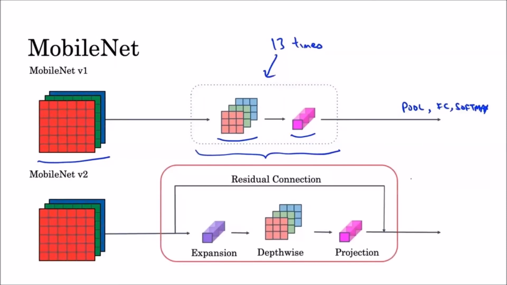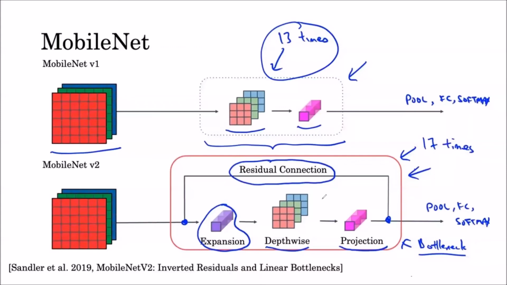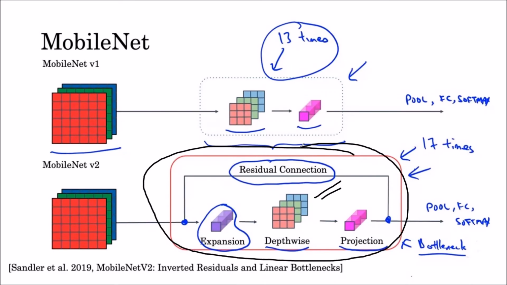Whereas in the MobileNet V2 architecture, a residual connection is observed and an expansion block is added. The same 1 by 1 convolution is used here for the expansion. Here we are using the 1 by 1 convolution for the compression or shrinking, you can say. We are calling this a projection. This layer is called the MobileNet V2 bottleneck block.